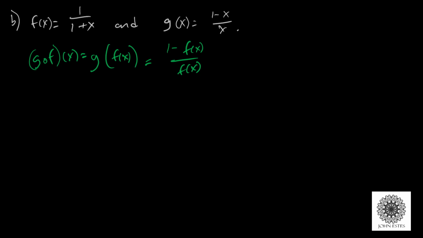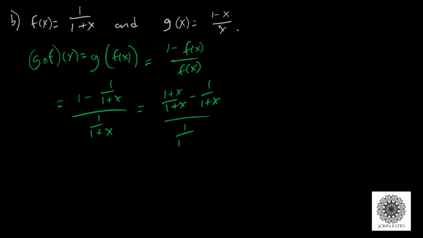Okay, now this could get ugly. Alright, so let's see what we get. That's going to be (1 minus 1 over (1 plus x)) all over 1 over (1 plus x). Because of that, in the numerator here, I need to get a common denominator. The 1 is the same as (1 plus x) over (1 plus x). Then we have minus 1 over (1 plus x). All that over 1 over (1 plus x), this looks like it's going nowhere.